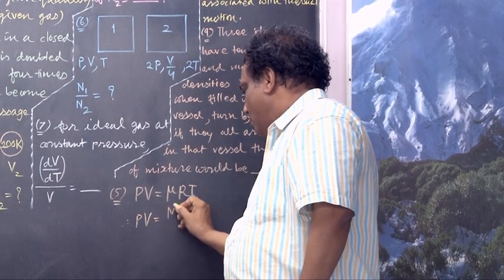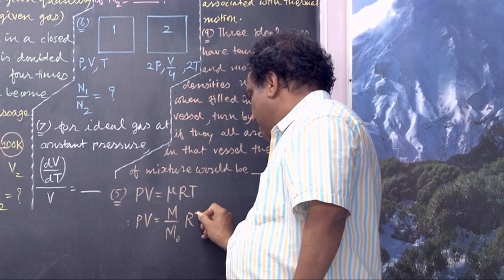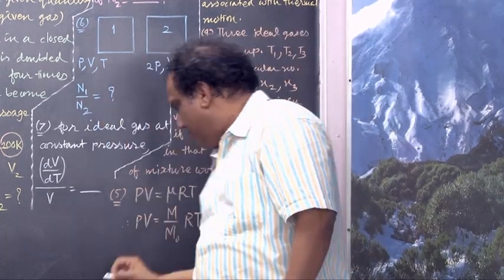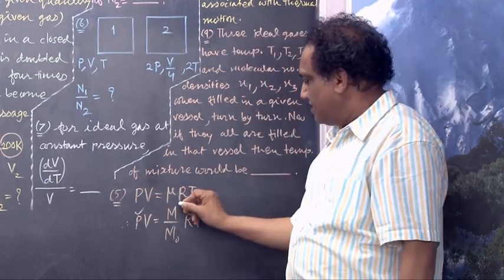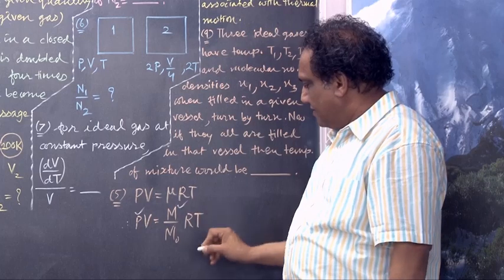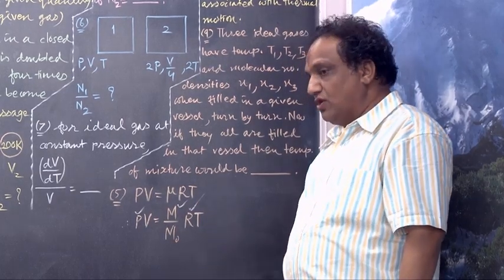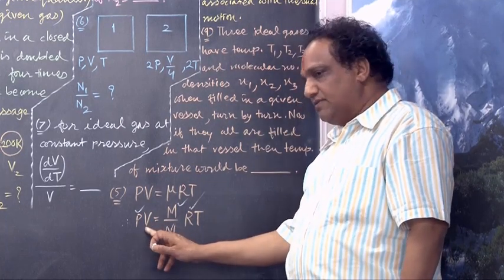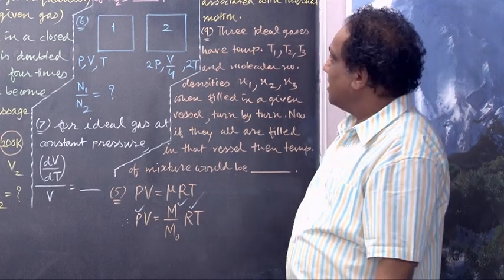Now P into V. Mu is m upon M0 into RT. Pressure they are given same. Right? Pressure is same. What about mass? Mass is also constant. Then R is constant. M0 molecular weight is different for different gases. So now V is proportional to T upon M0.